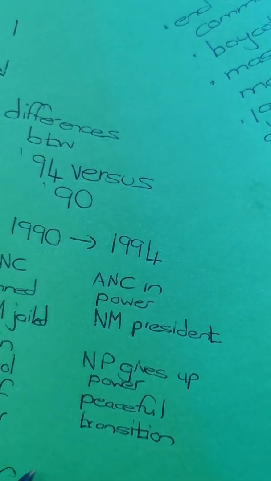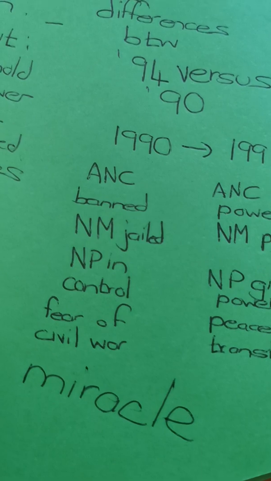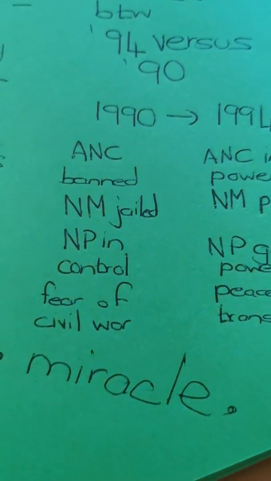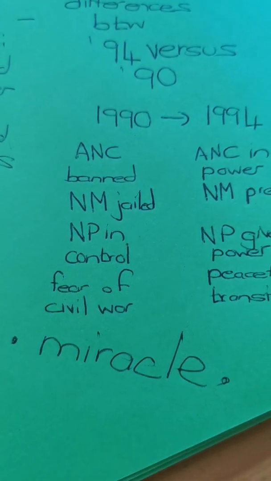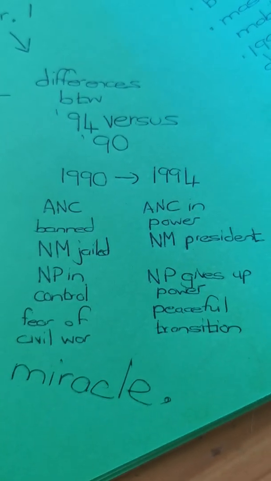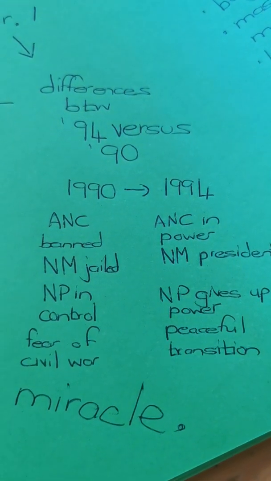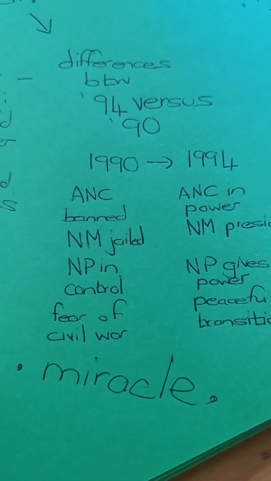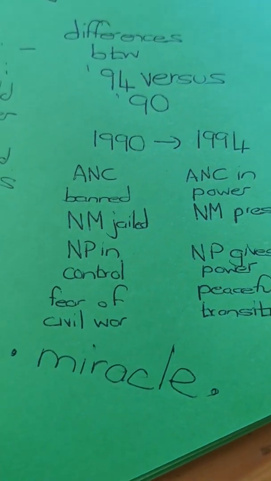And they speak of it as a miracle because it is unusual for a country to bring about that amount of change with as little bloodshed as was experienced, and through negotiation. So often there's a coup d'etat or a civil war or a revolution to bring about change. And that is why this is considered a miracle.